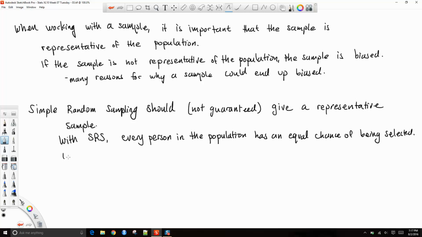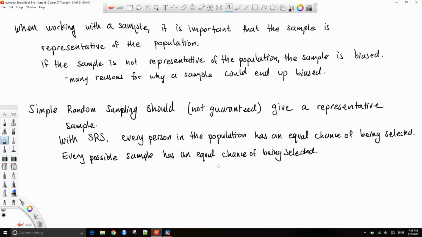And every possible sample has an equal chance of being selected. Okay, so what do we mean by every possible sample has an equal chance of being selected?